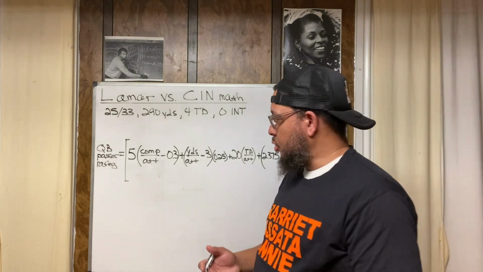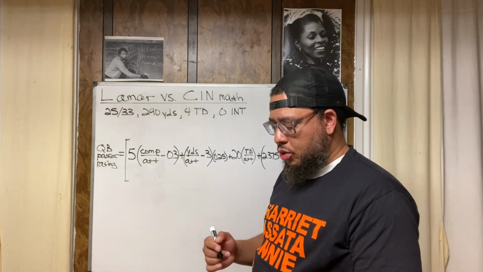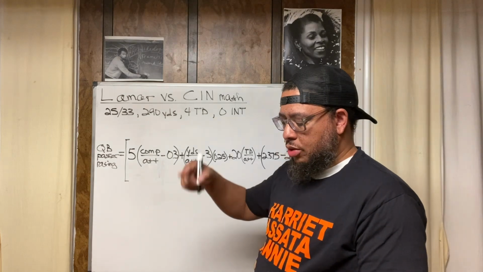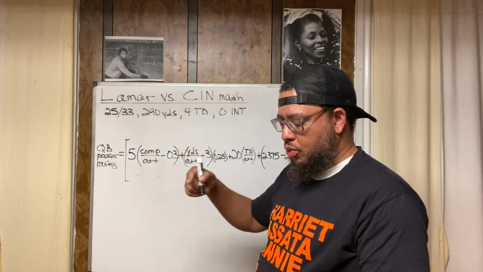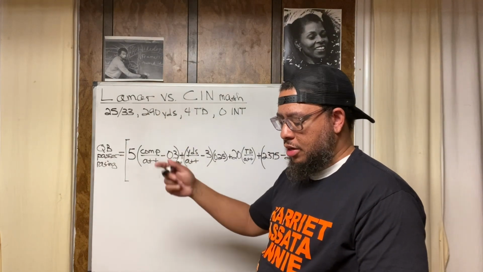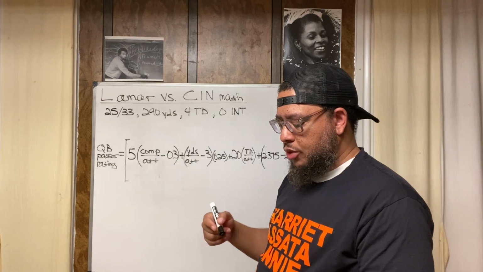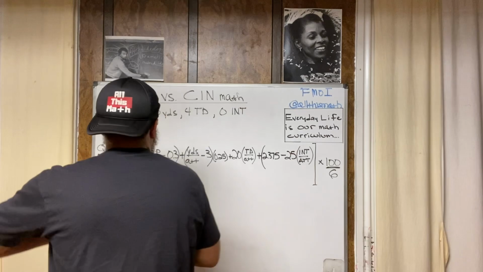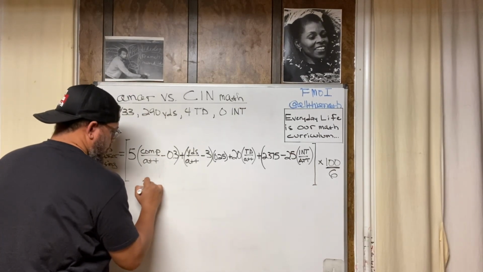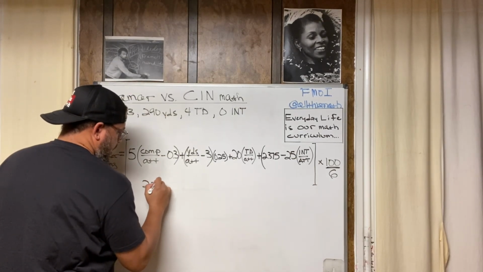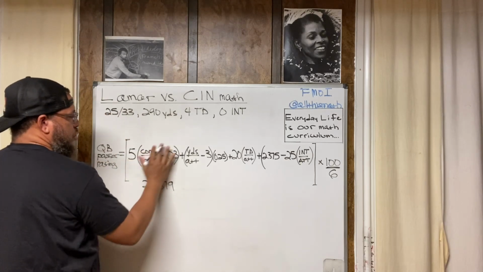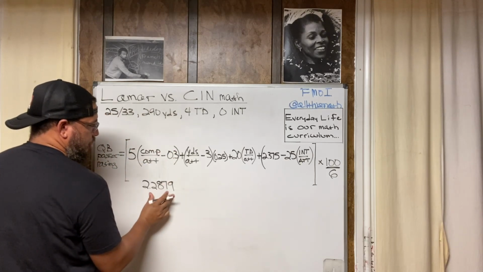So I got 2.2879, because the 8 gets rounded up, since it's 2.28787878. So this whole portion of the formula is equal to 2.2879.